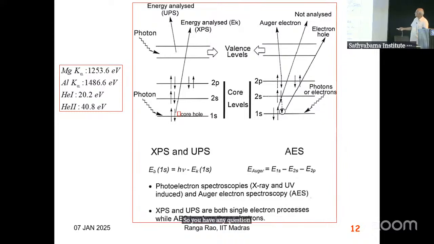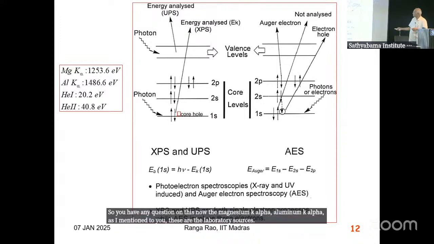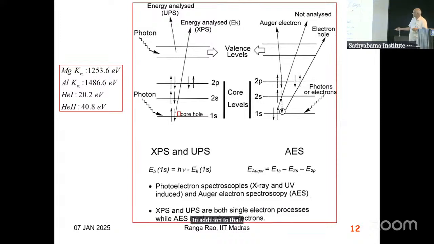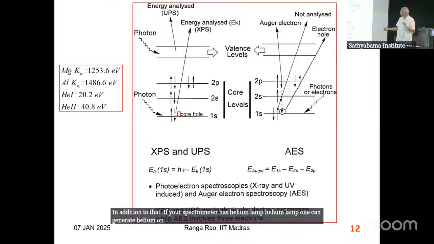Now magnesium K alpha and aluminum K alpha, as I mentioned to you, are the laboratory sources. In addition, if your spectrometer has a helium lamp, one can generate helium-1 radiation, which has 20.2 electron volts, and helium-2, 40.8 electron volts, precise energies.